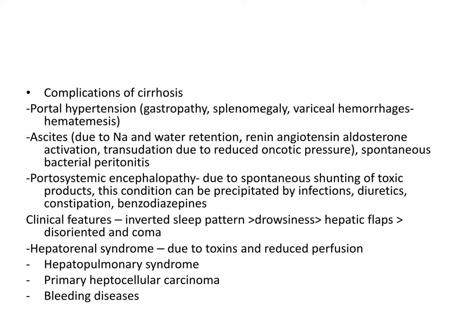Ascites is another complication, usually due to sodium and water retention and renin-angiotensin-aldosterone system activation, and also transudation due to reduced oncotic pressure, because there will be less protein production in the liver.